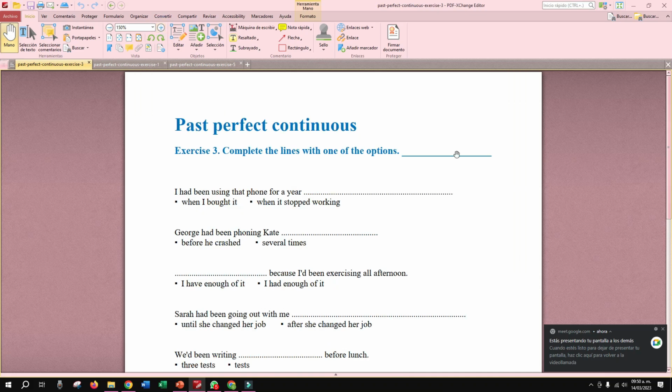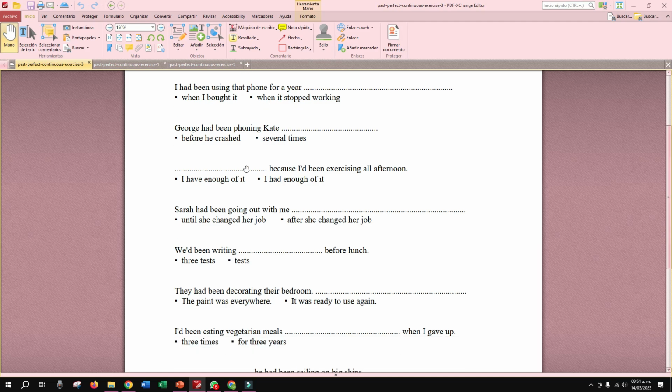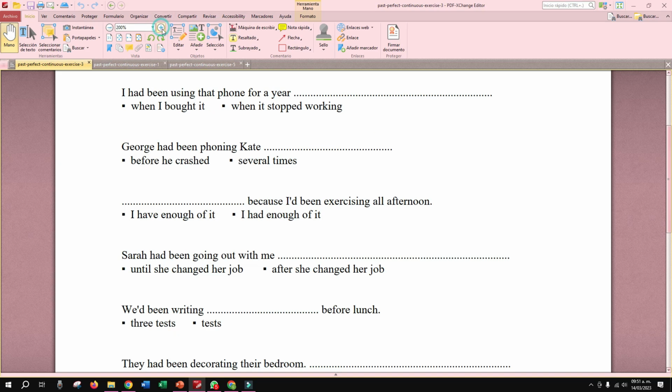Let me share. Okay. It says, I had been using that phone for a year. You have there two options. When I bought it, that will be the first one, or you have the other one, when it stopped working. Right? So, I had been using that phone for a year. Which one do you think that we need to choose?